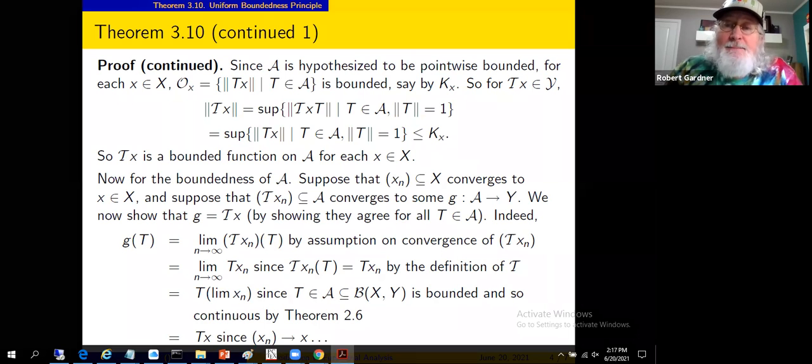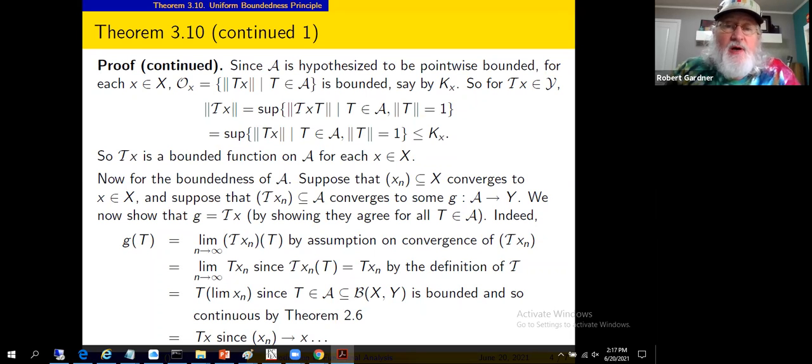What we need is a sequence of points in the graph of an operator. So what we're going to consider is a sequence x sub n of elements of normed linear space X that converges to vector x, and a sequence calligraphy T of x sub n, a sequence in set calligraphy A, which converges to some mapping of A into Y.